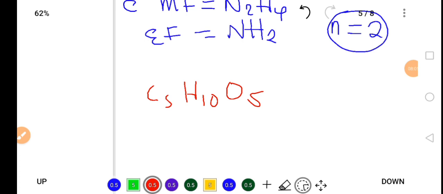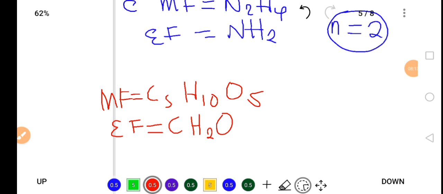This pentose sugar, this is the molecular formula. And the empirical formula is going to be CH2O, and the value of n becomes 5. So this is the even number, which will show the actual number of atoms when you multiply it with the empirical formula.